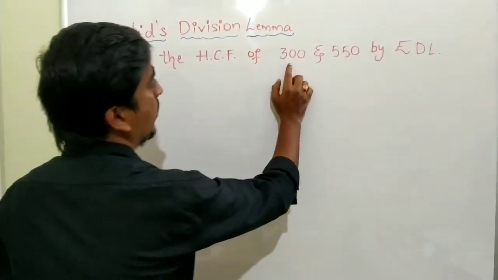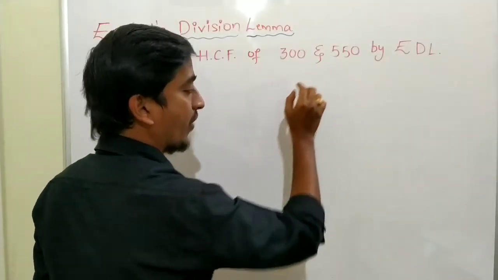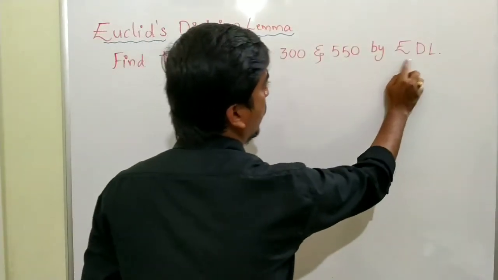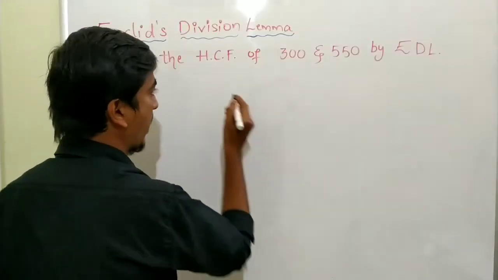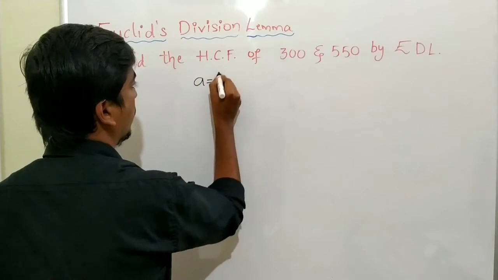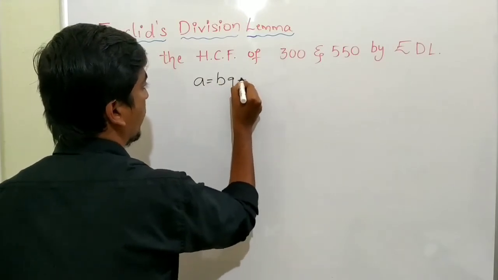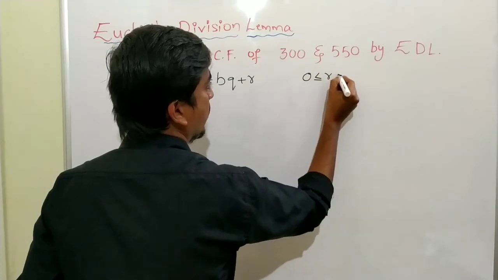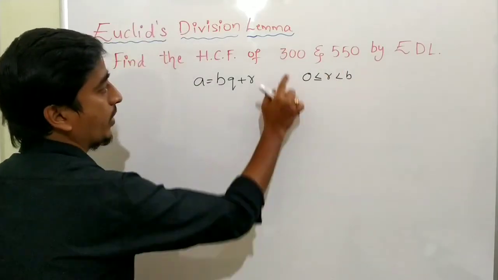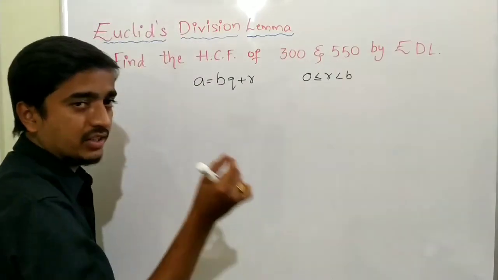Here the numbers are 300 and 550. Now we have to use Euclid's division lemma: a equals bq plus r, with the condition 0 less than or equal to r less than b. From these two numbers, take the bigger number as a.